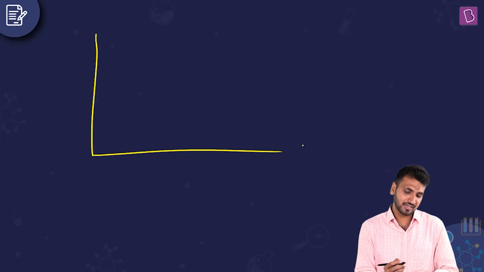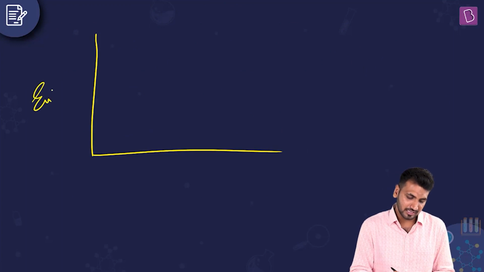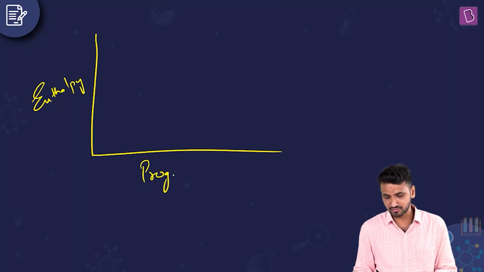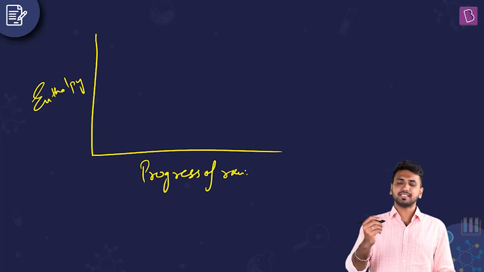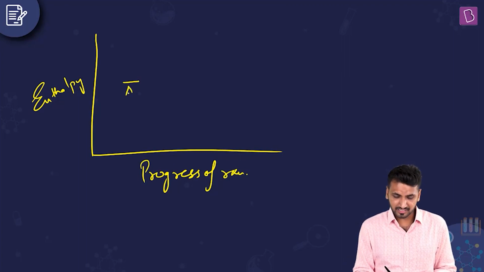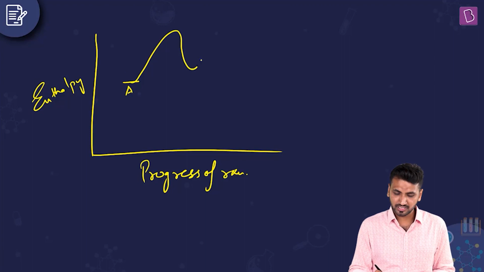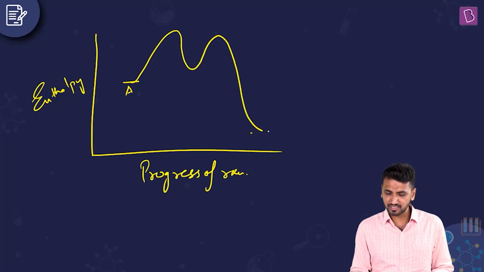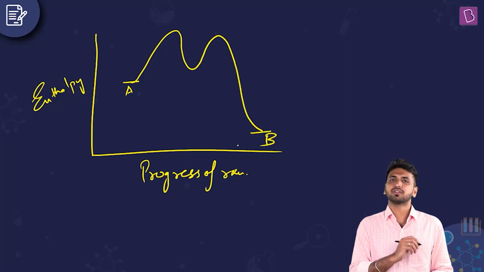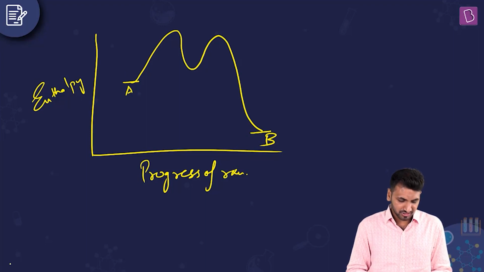Let's say this is a graph between enthalpy and the progress of reaction. Let's say the reactant is A, and it passes through an intermediate and finally converts into the product B. This is one way the reaction is proceeding.